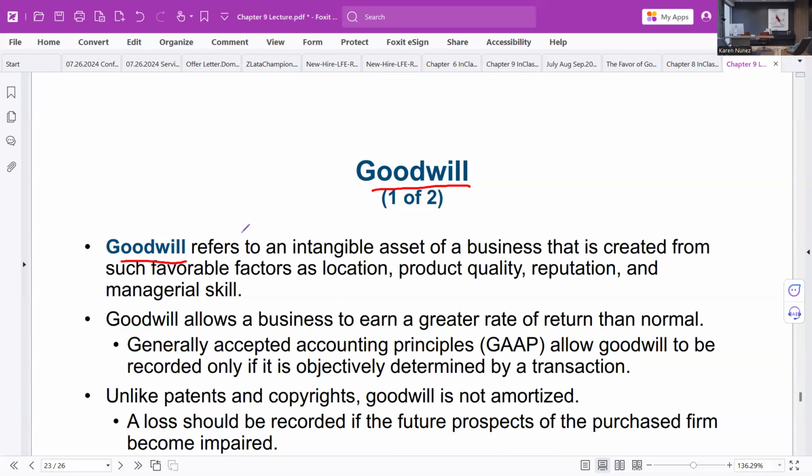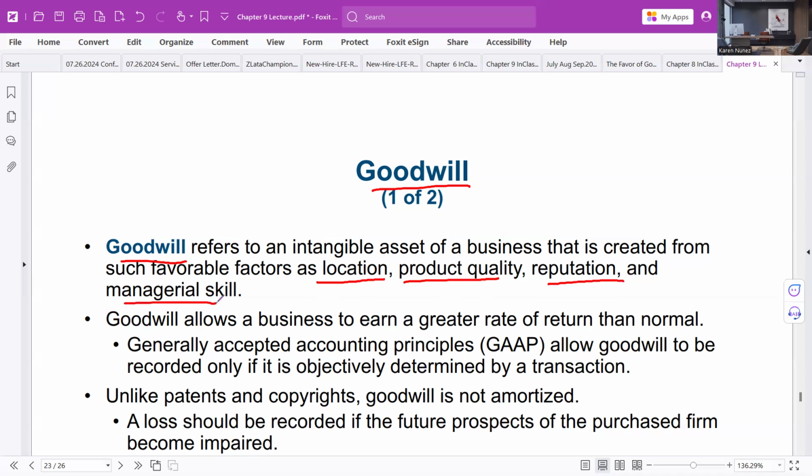Well, the reason why you would do that is because you're buying something other than just physical assets. You're buying a superior sales force, or you're buying a superior customer network. You're buying something that creates value. So you might be buying a key location, or you might be buying a product that has high quality that you can't get anywhere else, or you might be buying reputation, or maybe you're buying managerial skill.